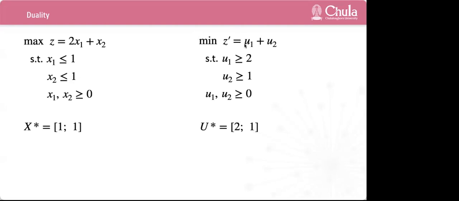Let's say the decision variables of the dual problem are U1, U2. For the constraints, because we have 1, 1 here, it becomes 1, 1 here, and 2, 1. In this case the solution becomes U star, the minimum point, is 2, 1.